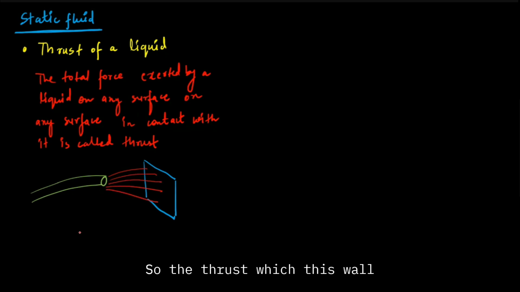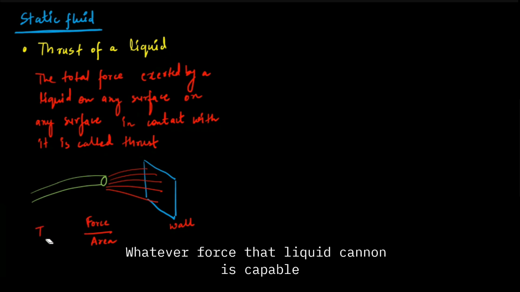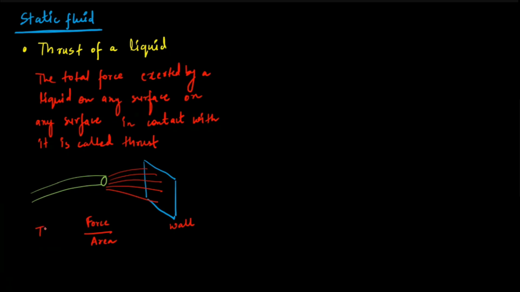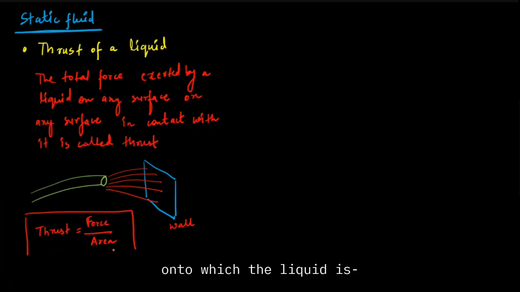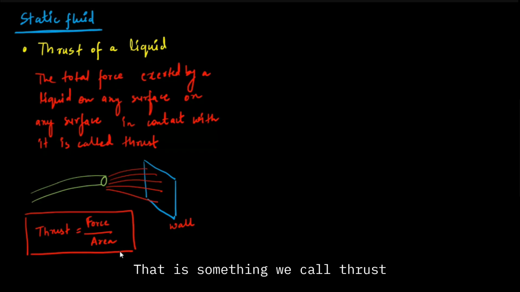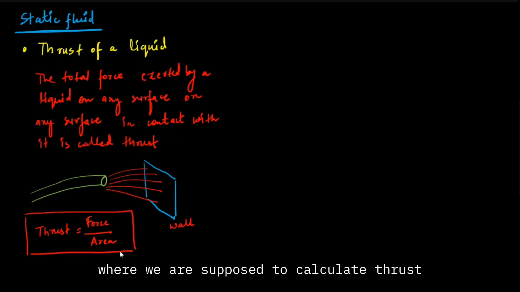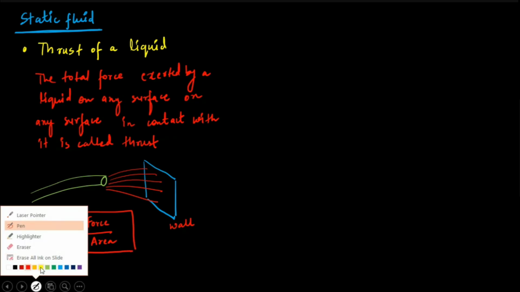So the thrust which this wall is supposed to face is nothing but force over area. Whatever force that liquid cannon is capable of exerting on the wall per unit area onto which the liquid is hitting, that is something we call thrust. So we do observe different phenomena where we are supposed to calculate thrust, and that is something we need to understand.